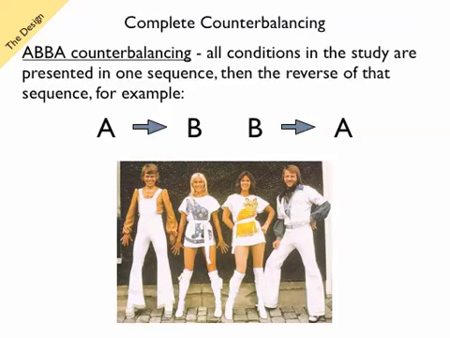So if you have two conditions, A and B, right? This is the simplest case. Then everybody experiences A first, then B second, and then they do B again, right? And we measure their behavior, and then they do A last. So our ginkgo example, first you do the placebo, then you take some ginkgo, right?